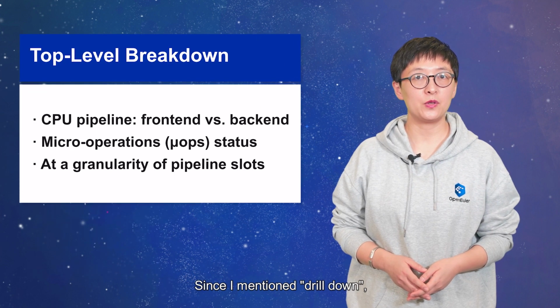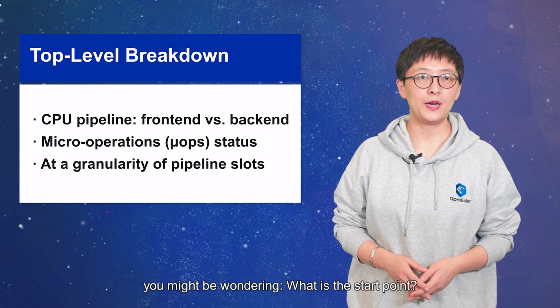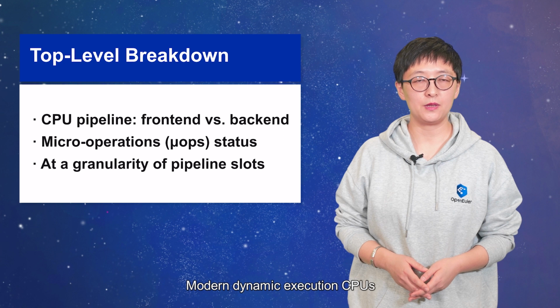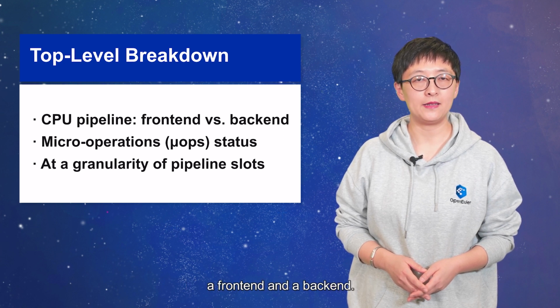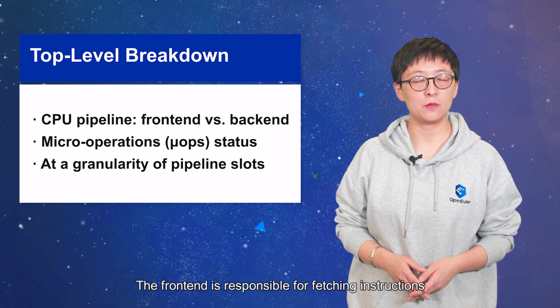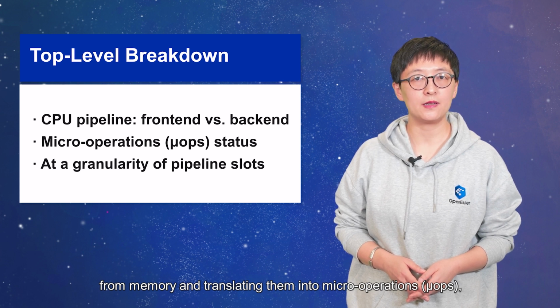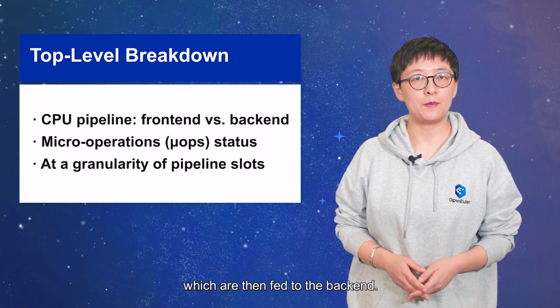Since I mentioned drilling down, you might be wondering, what is the starting point? Modern dynamic execution CPUs have two main portions, a front end and a back end. The front end is responsible for fetching instructions from memory and translating them into micro-operations, which are then fed to the back end.